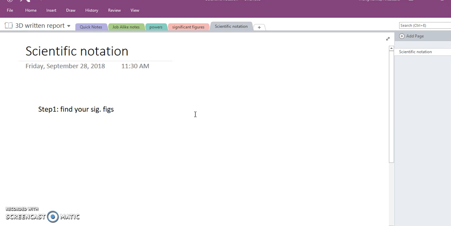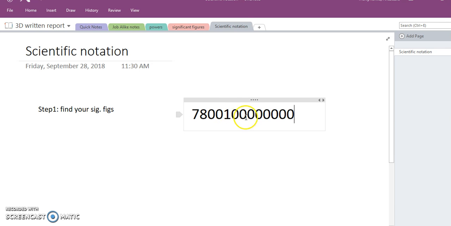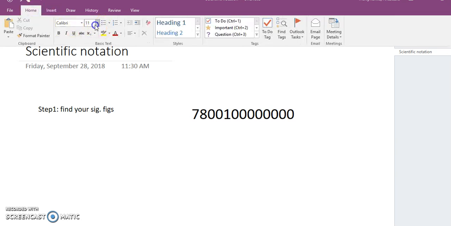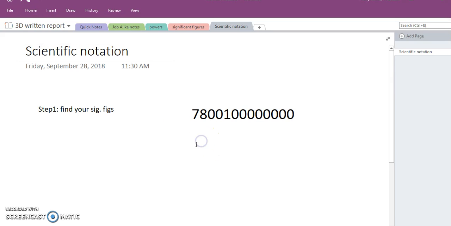So here's my number, 7800 10000. This is my number 1, and my second number is 0.0000351.